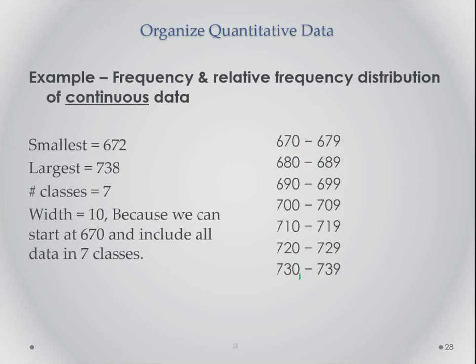And I keep doing this on the 10s. I get all the way to 730, all the way to 739, and I'm including my 738. So you see how this guy ends up in here, and this guy ends up in here, and everything else is in between. Also note, there's no overlap. We go from 79 to 80, 89 to 90. No overlap. And all of the class widths are even.